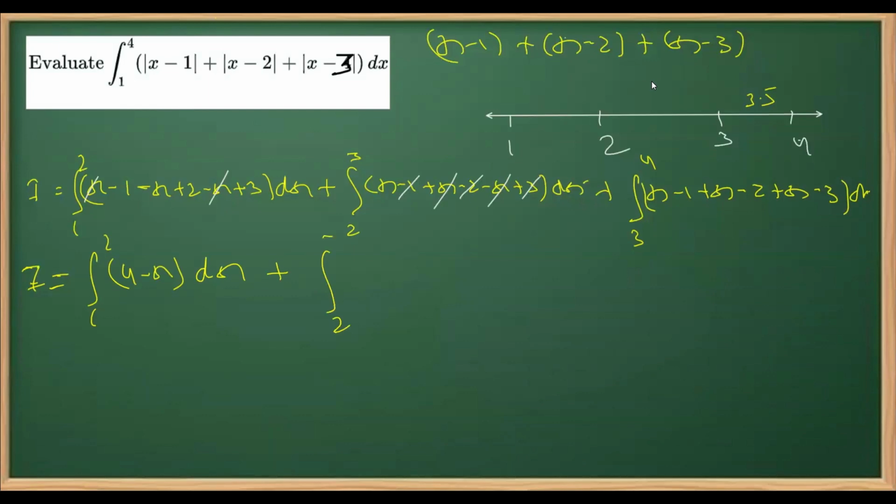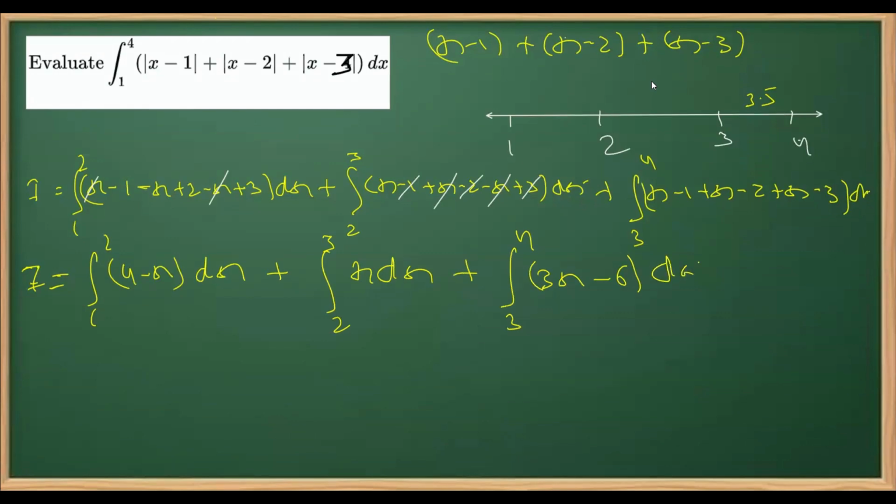For the second, we are left with only x dx. And for the last, which is 3 to 4, this is 3x minus 6. Am I right? Yeah, it should be.